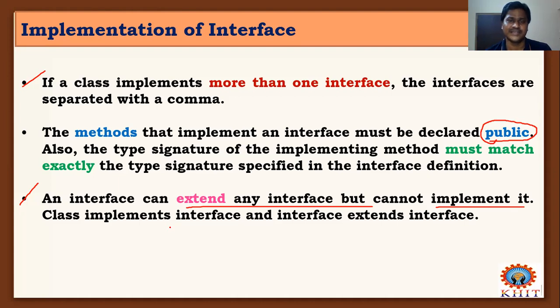And we'll see examples of these points clearly. But it cannot implement it. Whenever a newly created interface extends the properties of an already existing interface, it only extends the properties, not implements. Implements comes between an interface and a class, as we just saw. The class implementing the interface must implement all the methods defined in the interface.